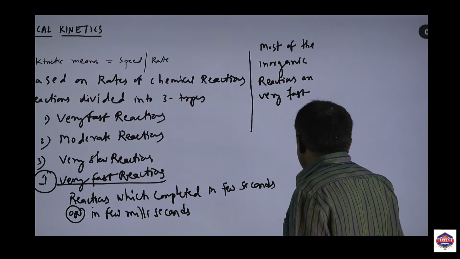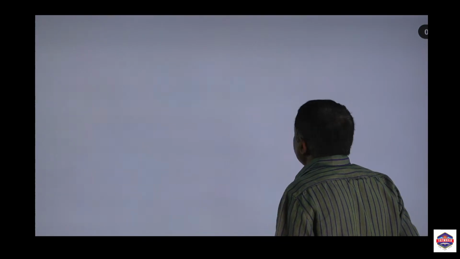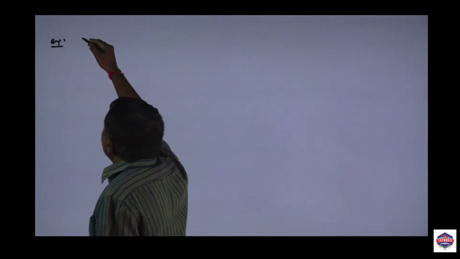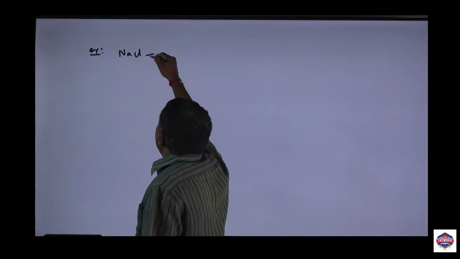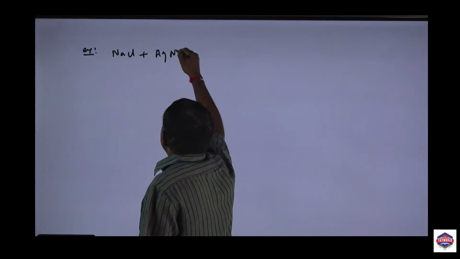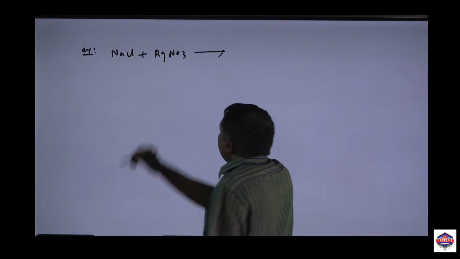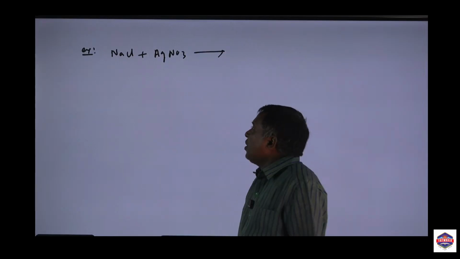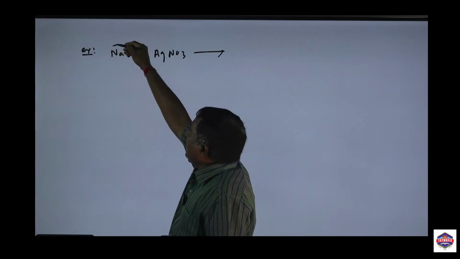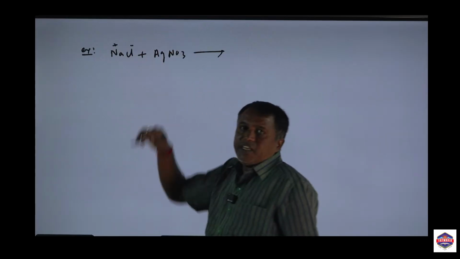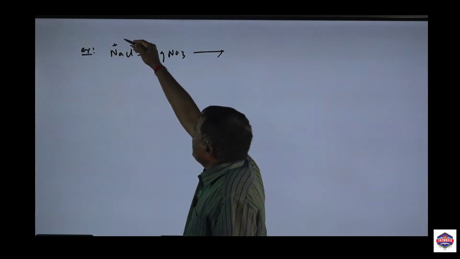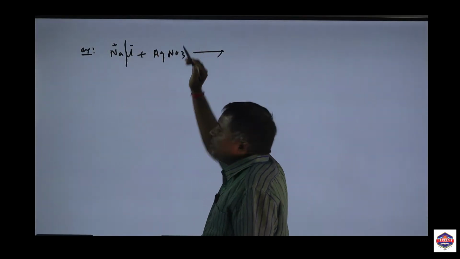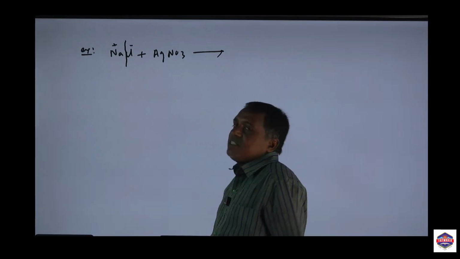For example, NaCl plus AgNO3, this is an ionic reaction. So generally it is a very fast reaction because in sodium chloride we already have the separated ions Na plus and Cl minus. These two ions are already separated. No need to separate the Na and Cl.